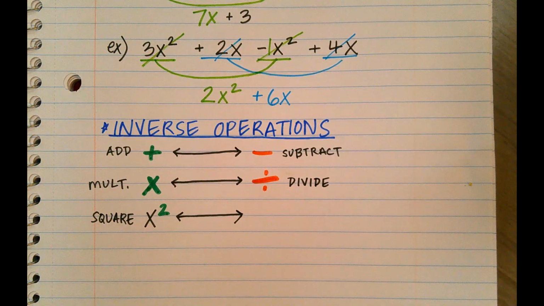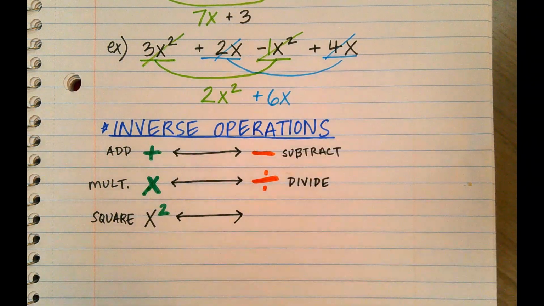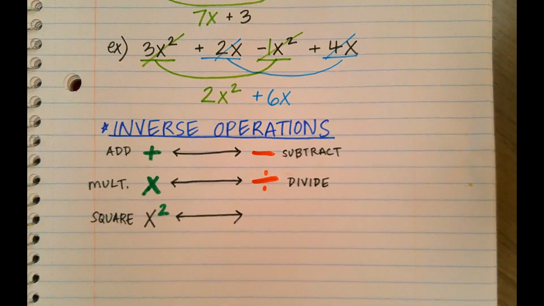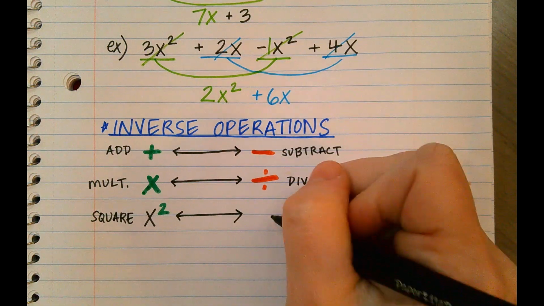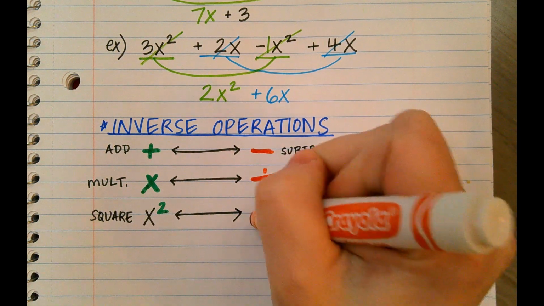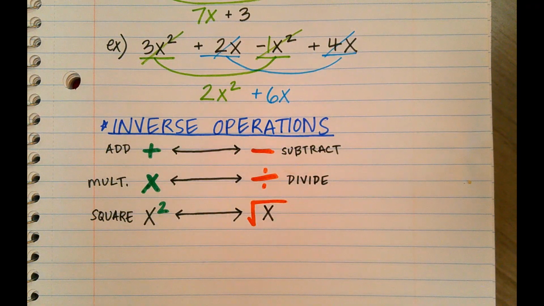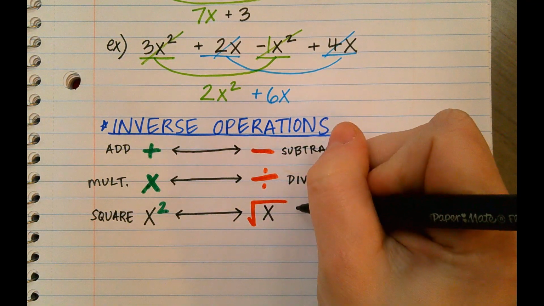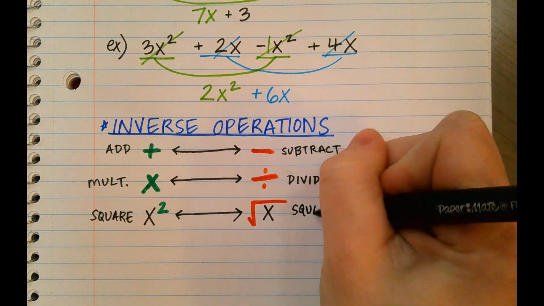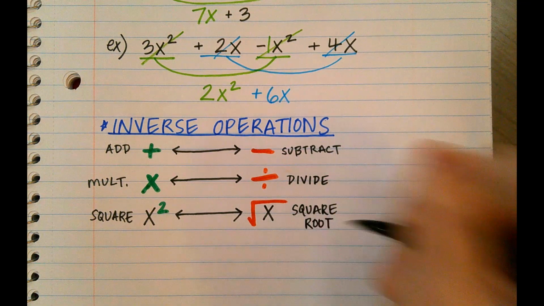This one I usually don't have somebody that knows the answer for. What about the opposite of square? Is it square root? It is! Yes! Square root. Very good. So I'm going to put that x again, and then in red, I'm going to draw my square root.